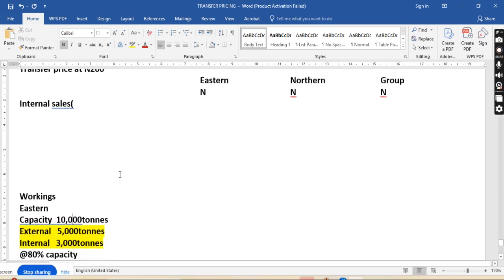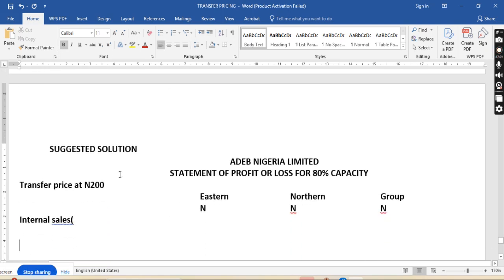What is the internal sales? 3,000 tons, times the 200 naira.